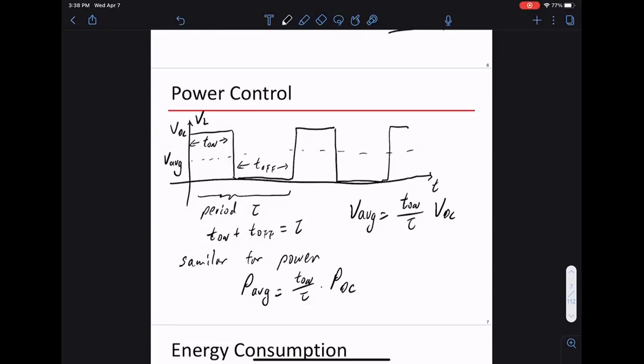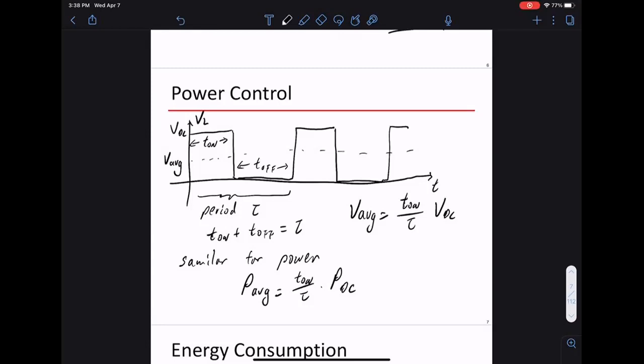If a load wants 5 volts, you switch it at a T on that gives you 5 volts. For something that wants 12 volts, you leave it on for longer, so you achieve 12 volts. So this switching gives quite a bit of flexibility. Just by changing how often you close and open the switch, you can supply all types of different loads.